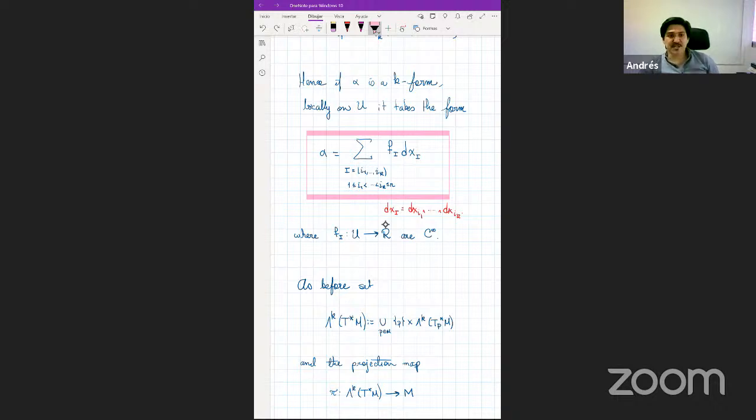Again, you can ask yourself, if I take a point here, what is the pre-image? It is a vector space of dimension n choose k, and corresponds to this vector space.